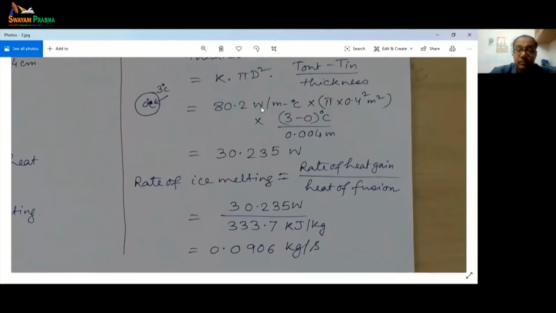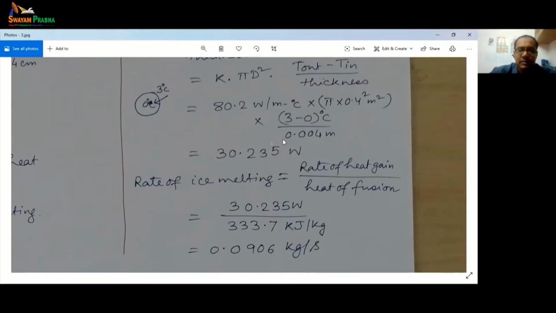Here again I bring your attention to the unit system. As in the last tutorial also I emphasized, always write with all individual units in the same unit system. Here all the units are written in the SI system, and degree centigrade is equivalent to Kelvin for a difference, so that does not change the dimension of the system. So basically we get a consistent SI unit equation, and after calculation you will get the result in SI units only.